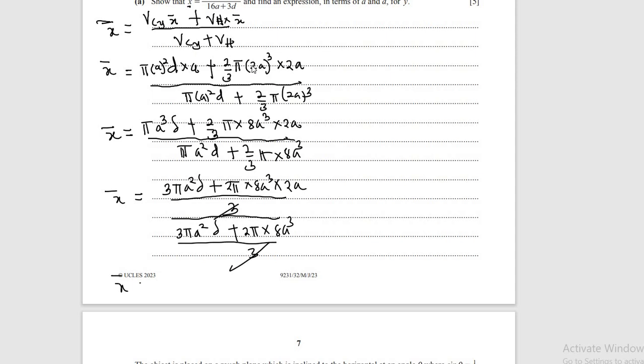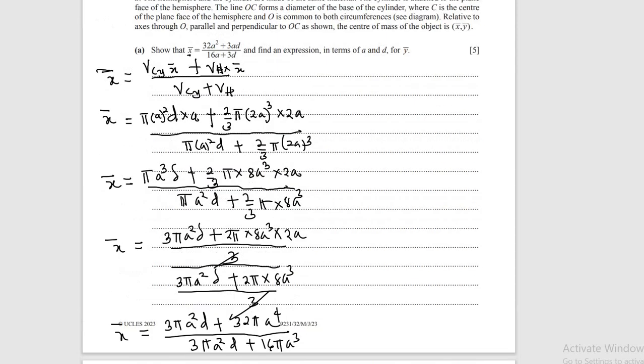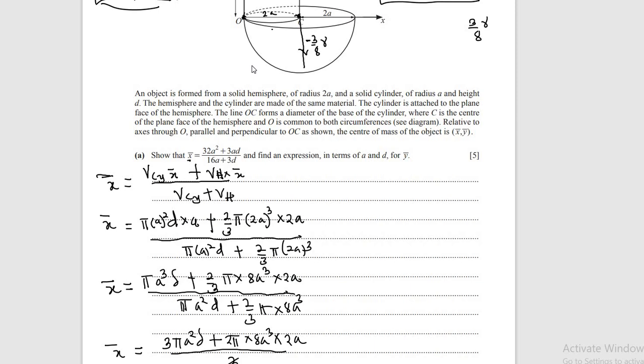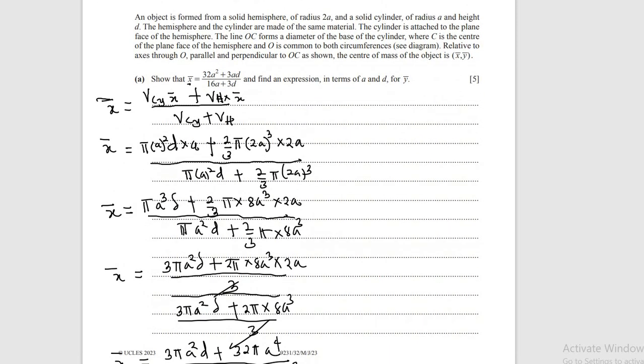At the end of the day, we have 3 pi a squared d plus, 2 times 8 is 16, 16 times 2 is 32, so 32 pi a to the power 4, all over 3 pi a squared d plus 16 pi a cubed. So we have to show this, and also find the vertical center of mass.